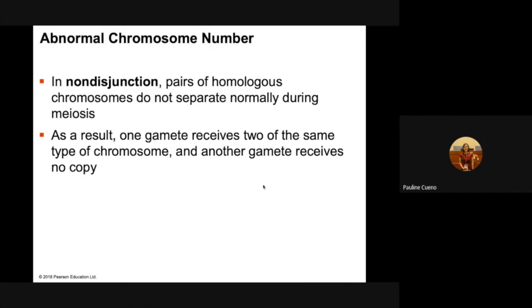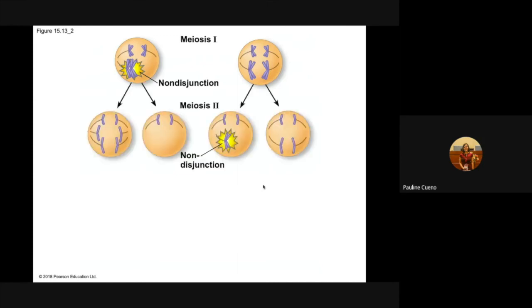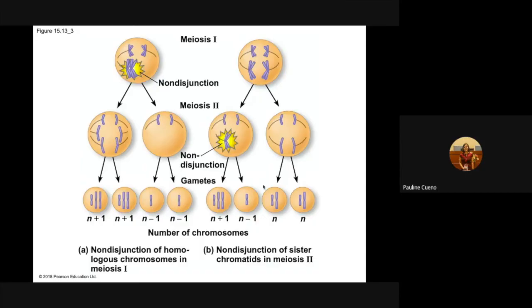So for you to visualize this non-disjunction, look at this diagram wherein one cell is experiencing non-disjunction during meiosis 1. So yung resulting cell will have an excess number of chromosomes, while the other cell naman, dun siya sa meiosis 2, nagkaroon ng non-disjunction. So either of the two cases, they will produce abnormal chromosome number for the daughter cells.